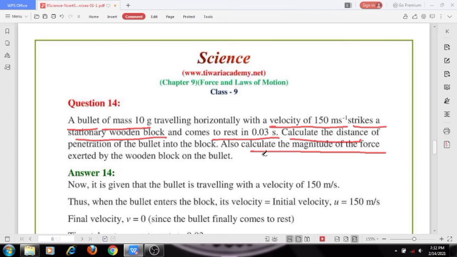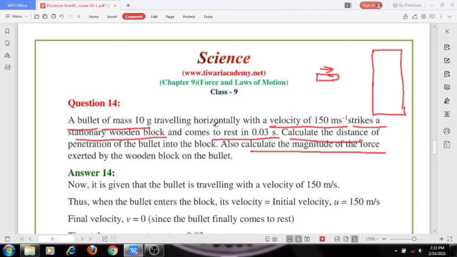So what is the meaning of this question? Just consider it as a wooden block, right? And then a bullet is moving towards the wooden block in this direction, with which velocity? That is 150 meter per second. And what is it doing?